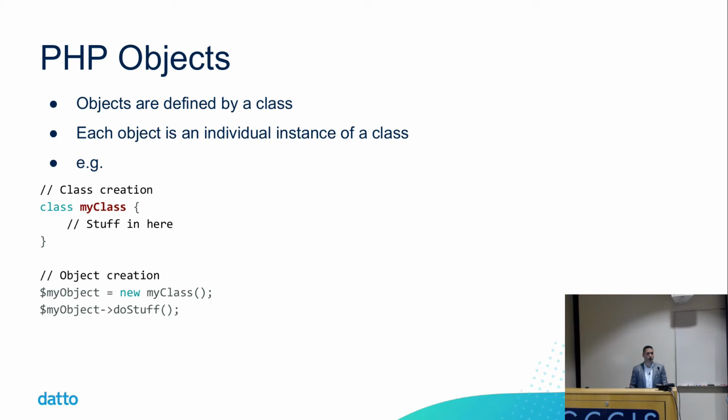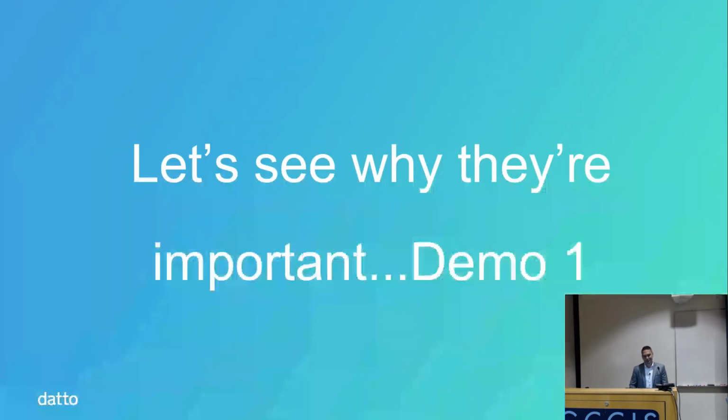When you want to create an object, those objects are just individual instances of a class. So now you can create a new object by doing $myObject = new MyClass, and then have a function within there or access some properties that allow you to grab information and assign it to other things. Boring stuff, I know.